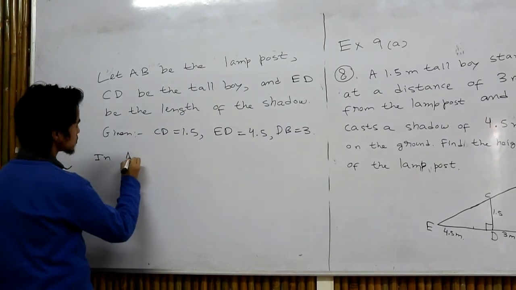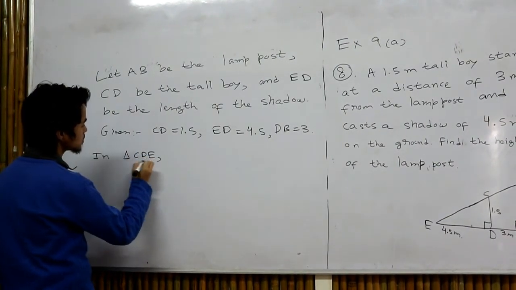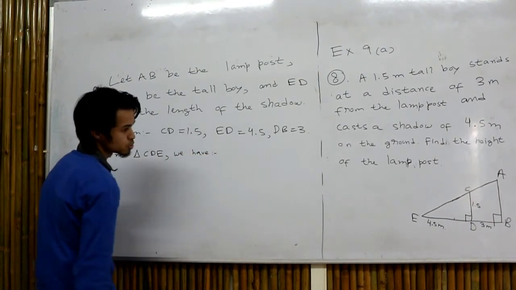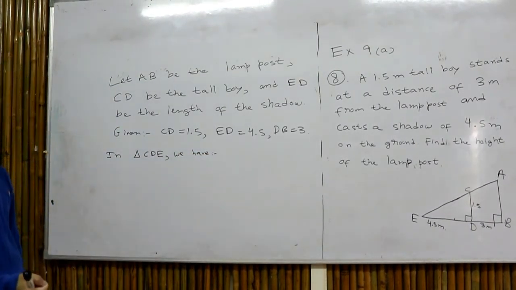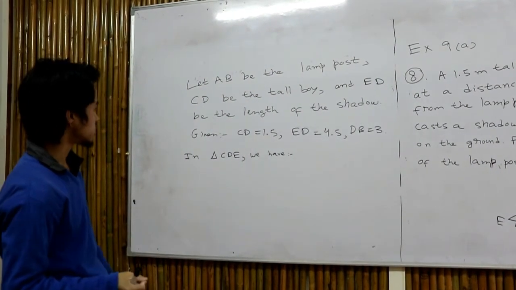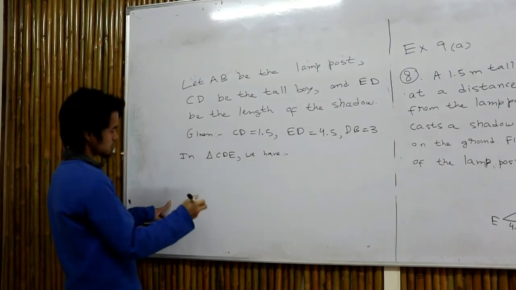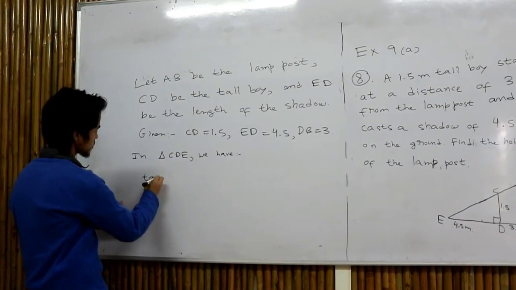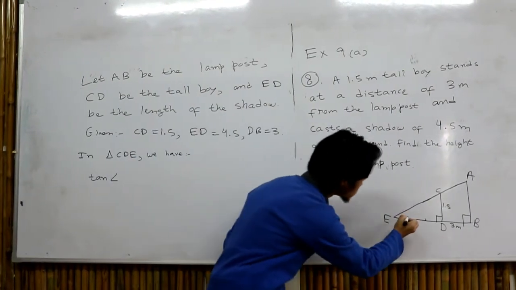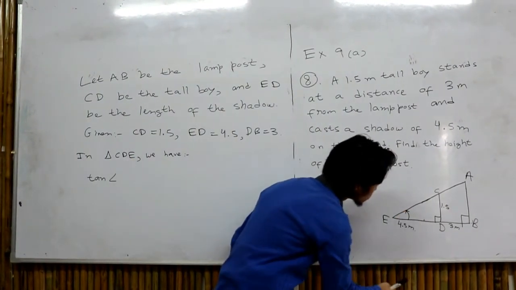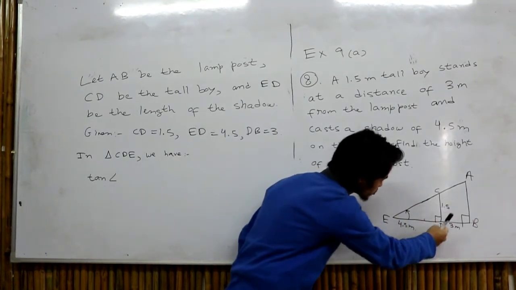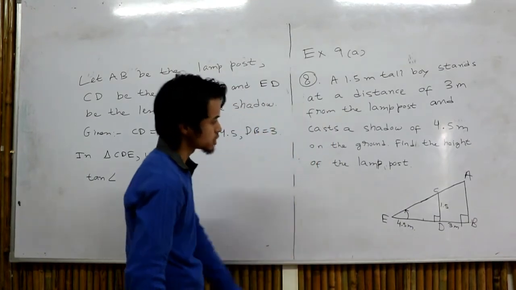So in triangle CDE we have, we'll choose that trigonometric ratio which will give us the proper values of the information. So we can choose tan of angle CED. This is the angle CED, because if we choose tan of angle CED, then we already have the information 1.5 and 4.5, so we can use them properly.